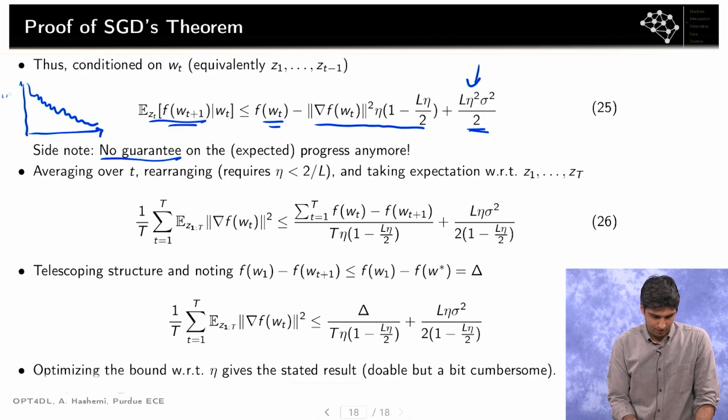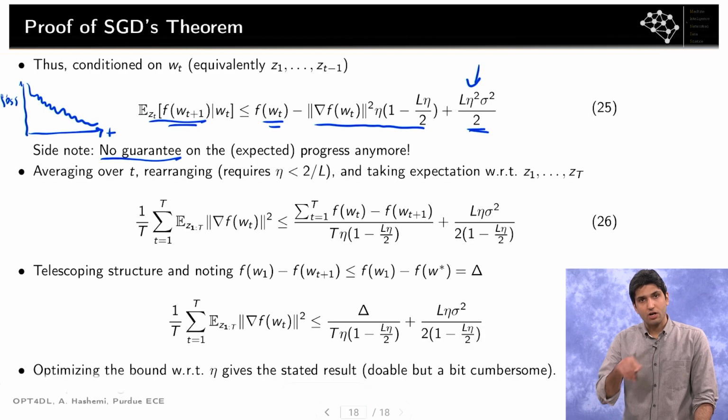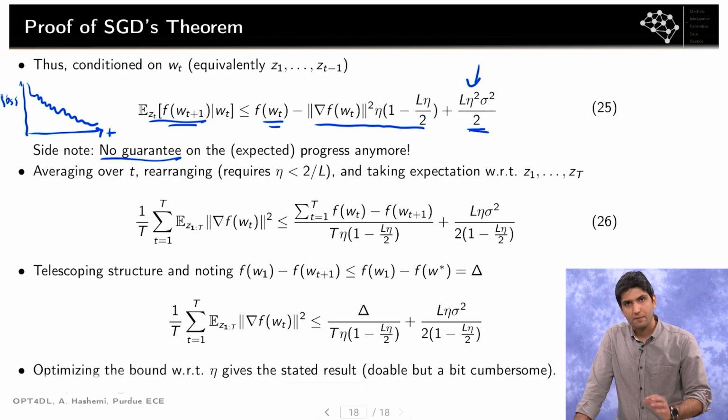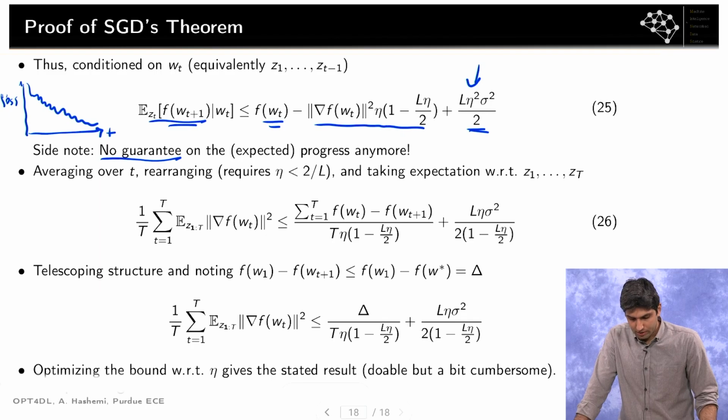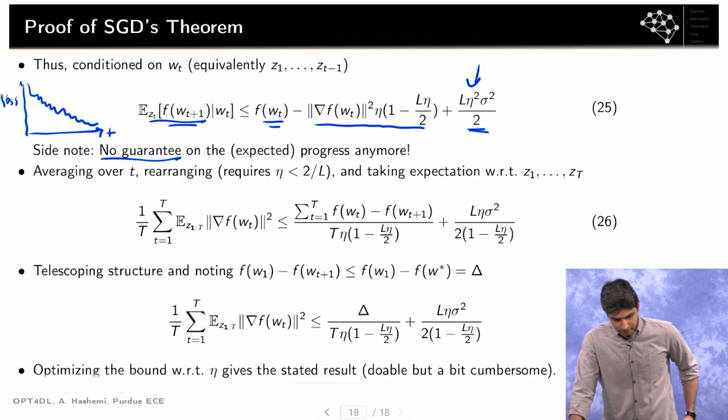So if this is the loss, and this is, let's say, t, there are ups and downs when we are using algorithms based on SGD, because we don't necessarily have any guarantee on the progress, given that our algorithms are using these randomized operations to estimate the true gradient. So this is the side note.